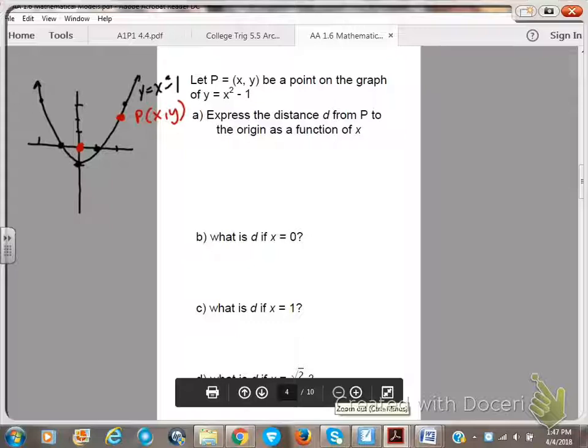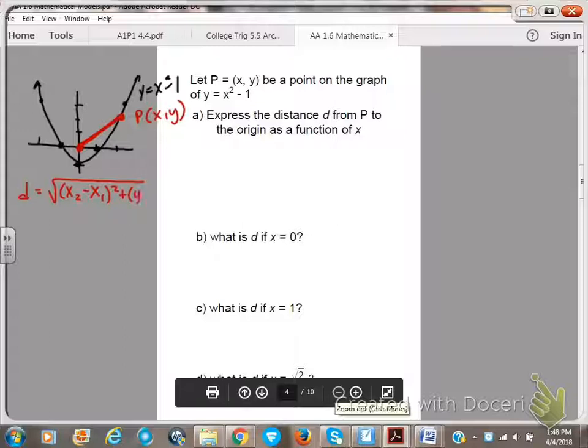Now, what we're being asked to write is the distance of that line. Do we have a formula for distance? Isn't it d equals the square root of x2 minus x1 squared plus y2 minus y1 squared?